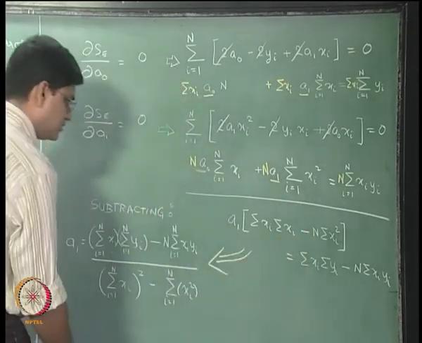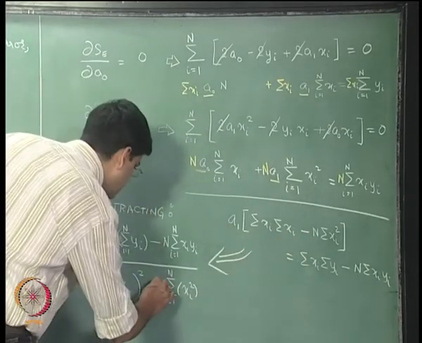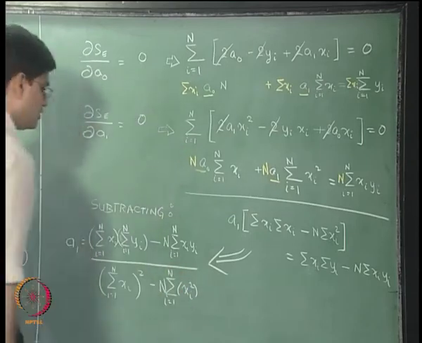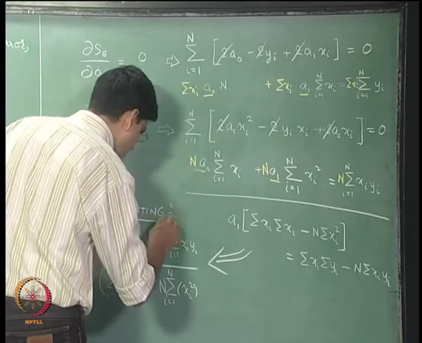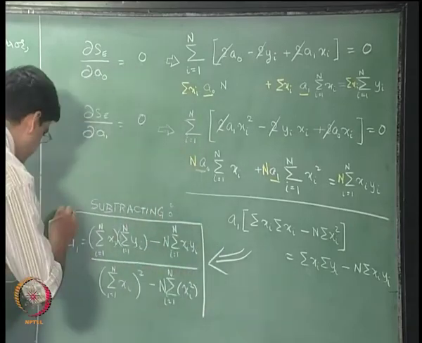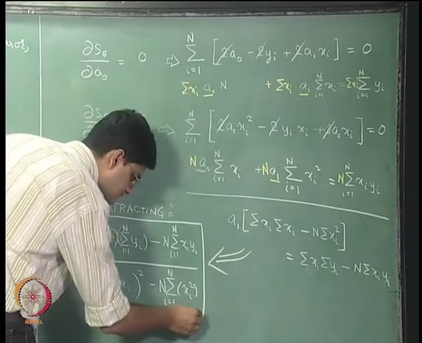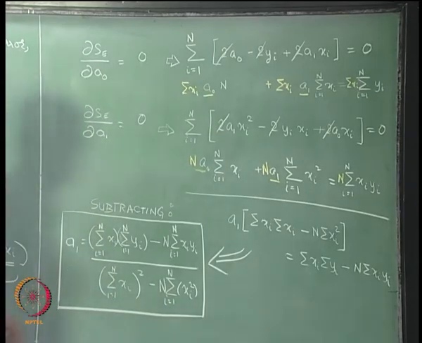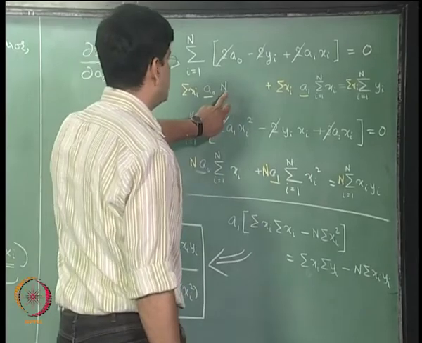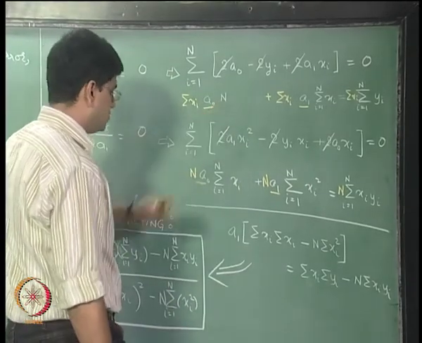And there is that n term over there. Okay. So, this is going to be our A1. Okay. And we can use this particular equation to get our A0.